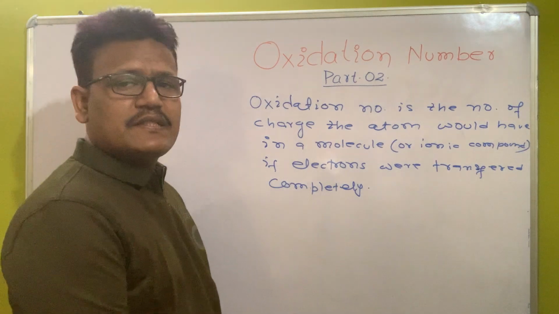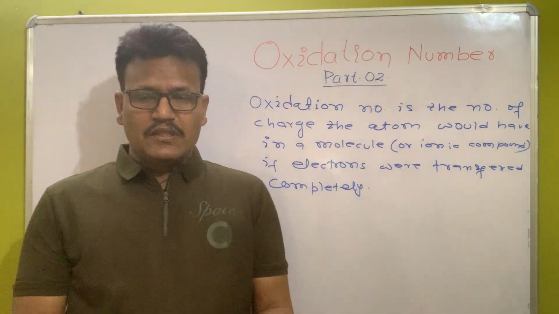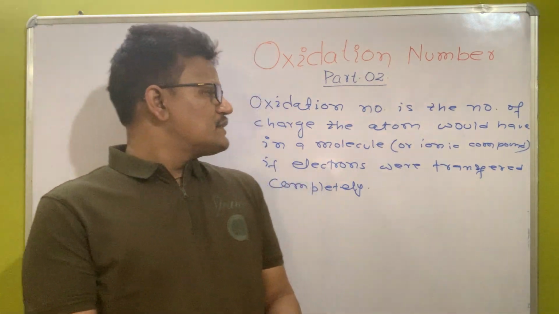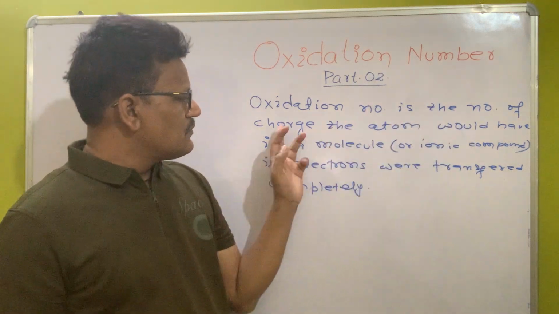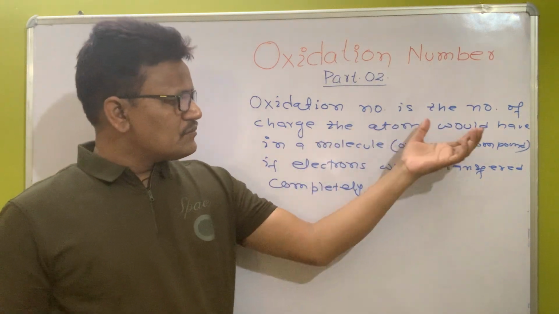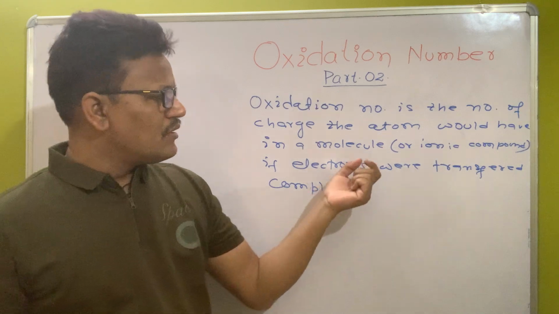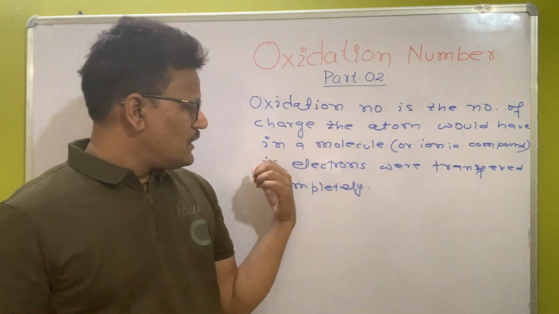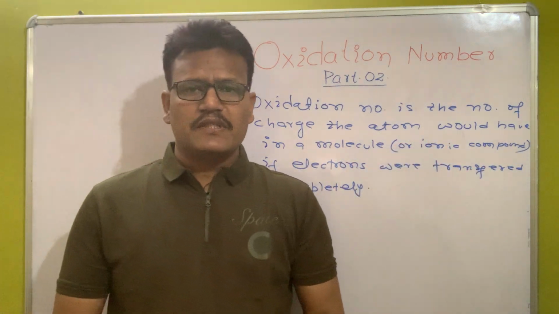This is the definition of oxidation number. So it is the number of charge the atom would have in a molecule or in any compound if electrons were transferred completely.